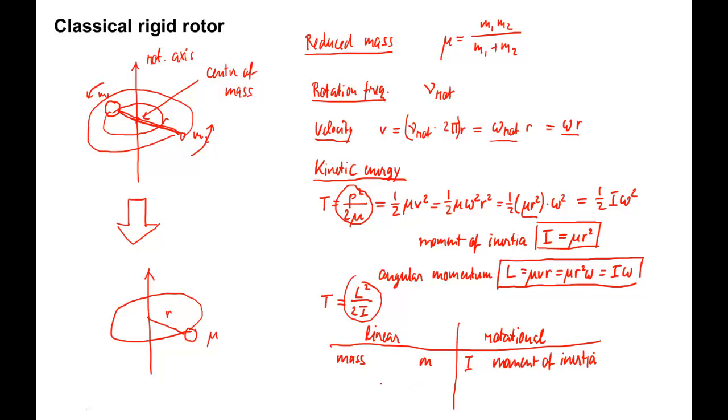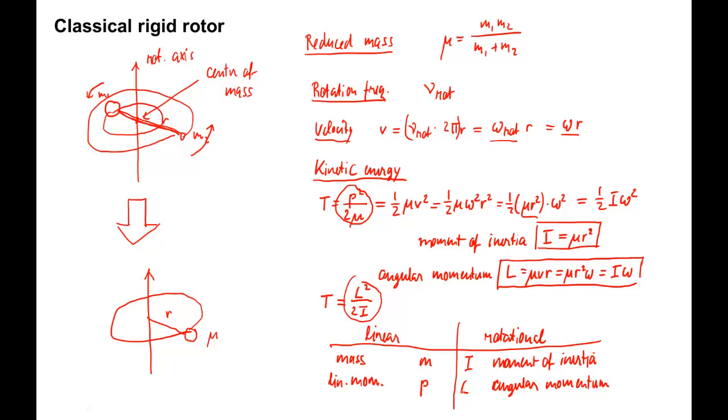And the linear momentum, p, for linear motion is equivalent to the angular momentum, L, for rotational motion. So you can use the intuition you have developed for linear motion and transfer it in a fairly straightforward manner to rotational motion. Just keep in mind the equivalences listed in this table.